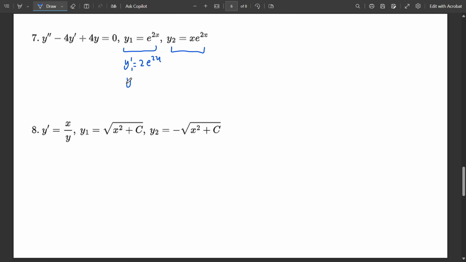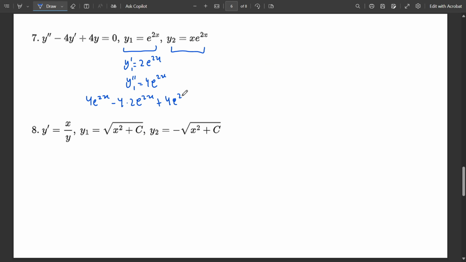Okay, y double prime is just 4 times e to the 2x. Substituting into the differential equation, we have 4e to the 2x minus 4y prime, which is 4 times 2e to the 2x, then plus 4y. This is our y.